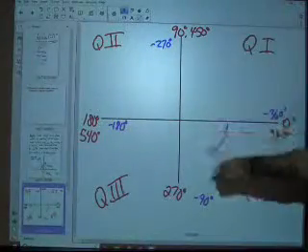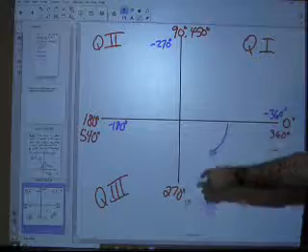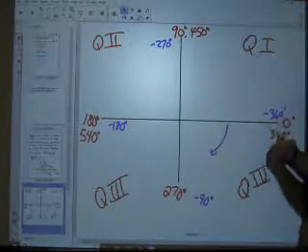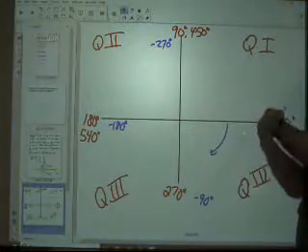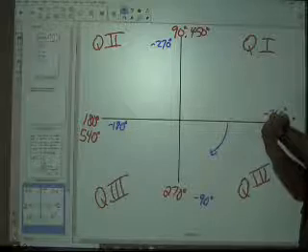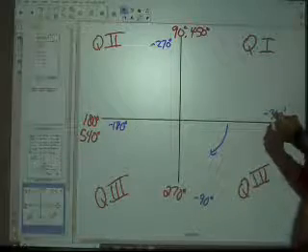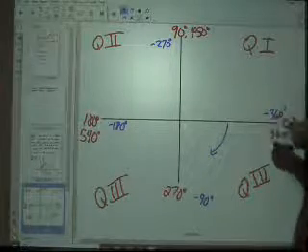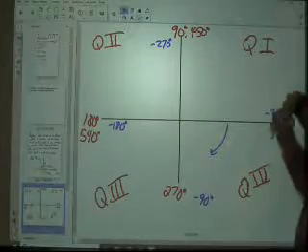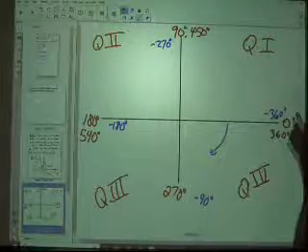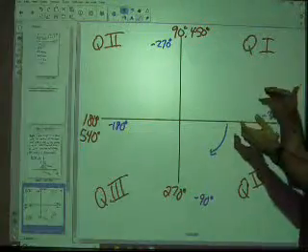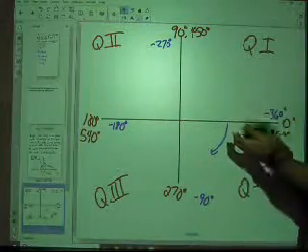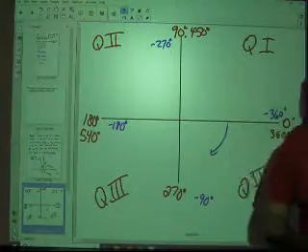We know 1 time around is 360. 2 times around we know is 720. 3 times around, 1,080. All right, you remember a 1080, if you pay attention to snowboarding and stuff like that? That's 3 loops. Well, 1,050 to 1,080, that's a quadrant 4.